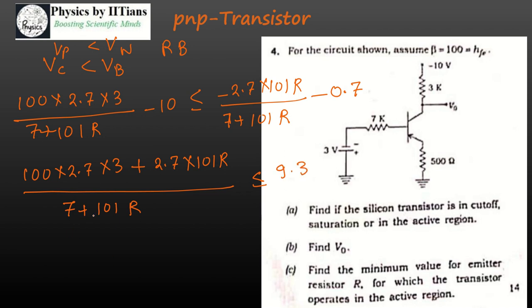Now again you can take this 7 plus 101R to the other side of the equation, and then rewrite this equation, taking 2.7 common on the left hand side, as 2.7 times 100 into 3 plus 101R, and that should be less than or equal to 9.3 times 7 plus 101R.